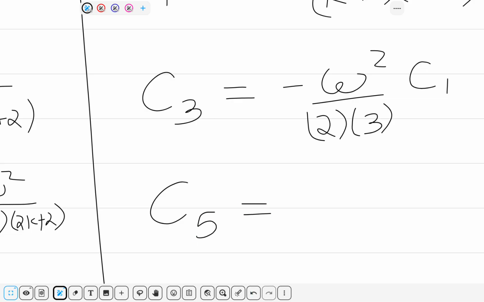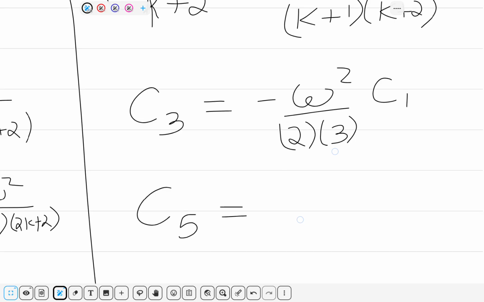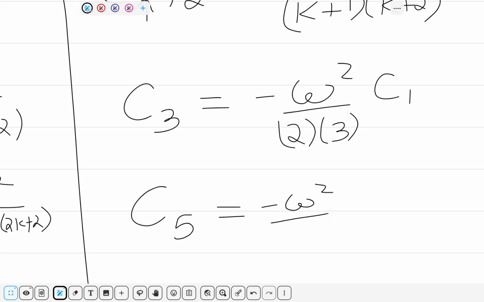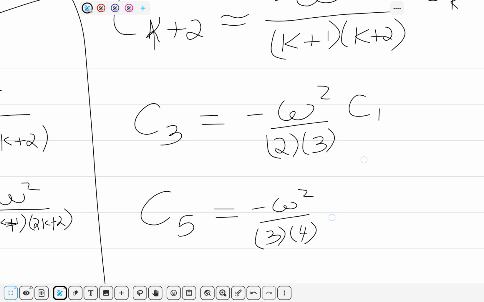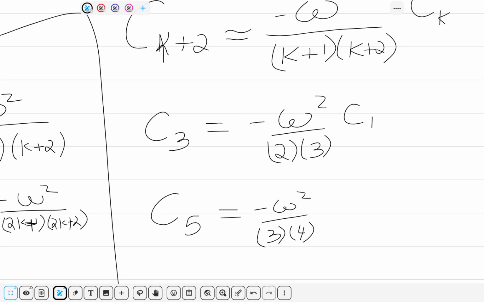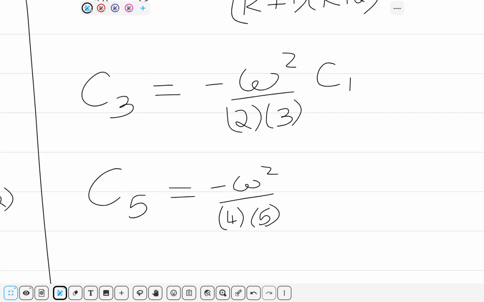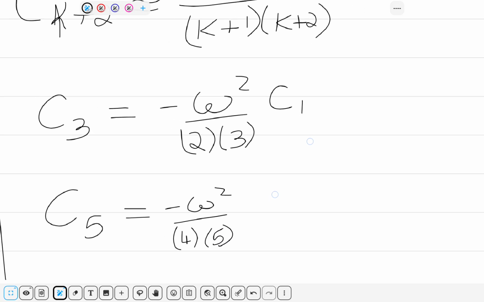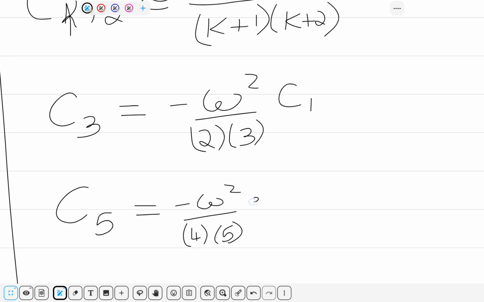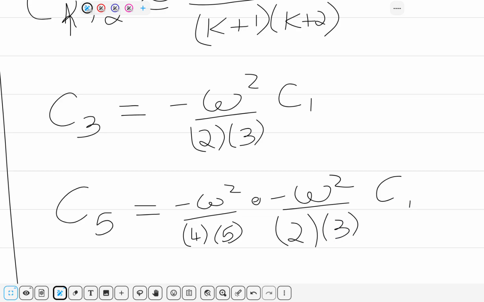This will be minus omega squared, 3 times 4, and then 4 times 5, times again this minus omega square 2 times 3, and so on.